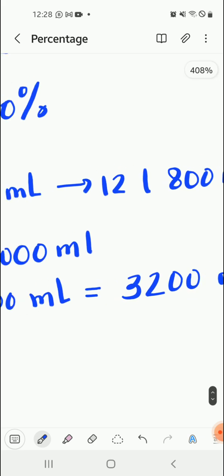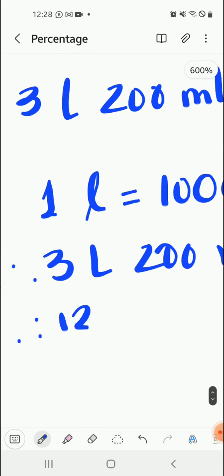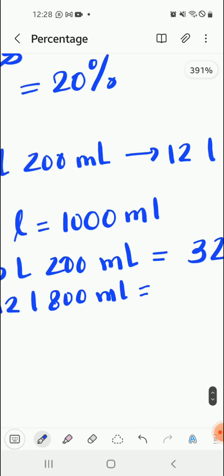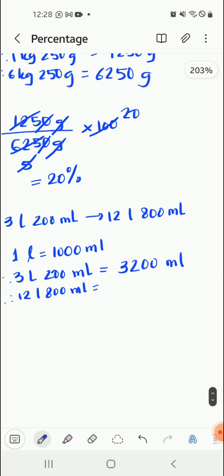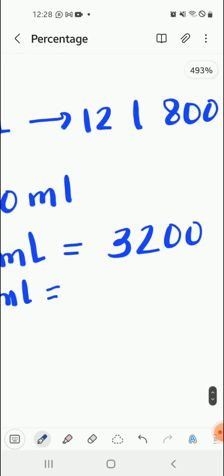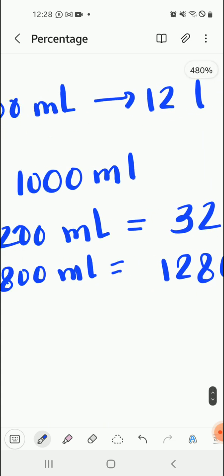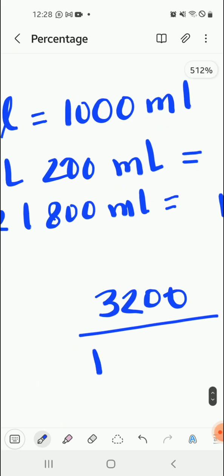On the other hand, 12 liter 800 ml will be written as 12 into 1000, that is 12,800 ml.